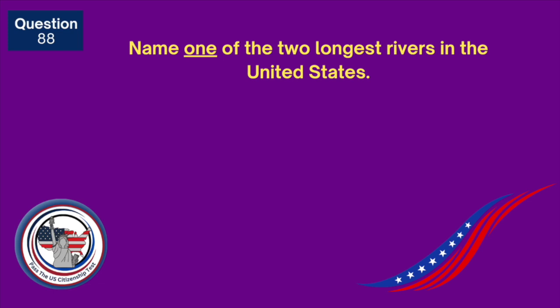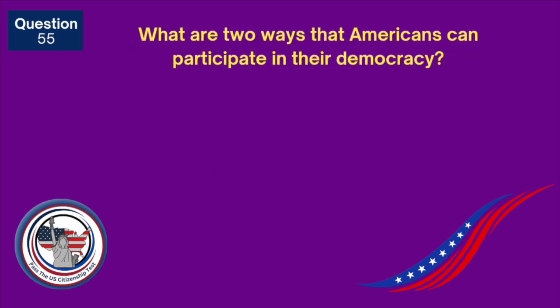Name one of the longest rivers in the United States. Missouri River. What are 2 ways that Americans can participate in their democracy? Vote. Join a political party.